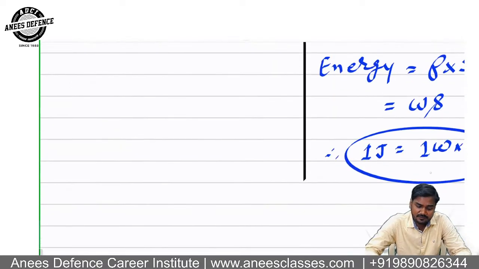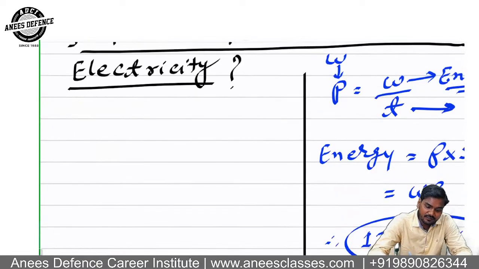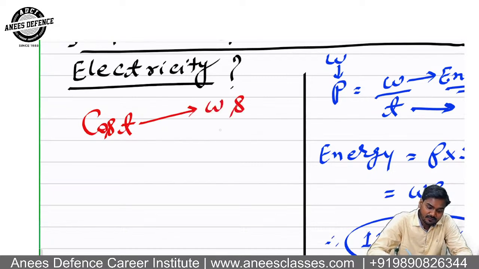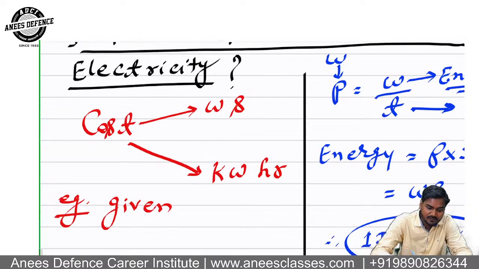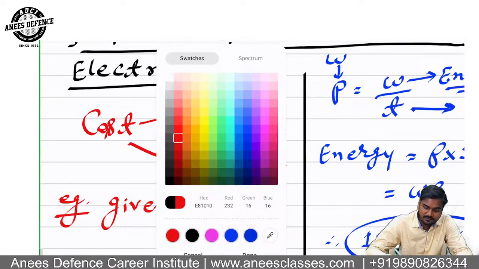So first decide in what terms your cost is given. Just go through the cost and look: the cost is in watt second or kilowatt hour. Just find out that data.